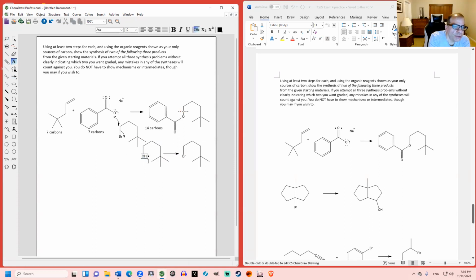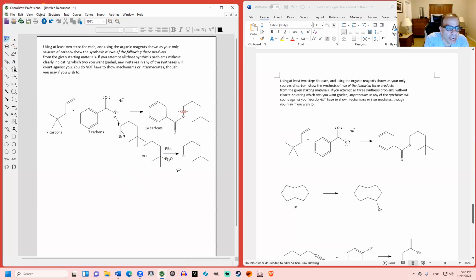What would be a reagent that would turn the alcohol into the bromide? Well, we know a very good reagent from chapter 10. It's phosphorus tribromide, and diethyl ether solvent.